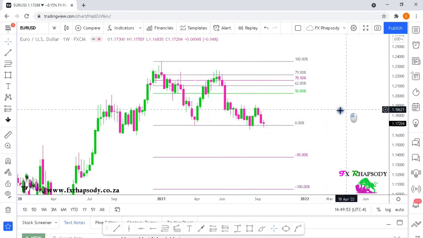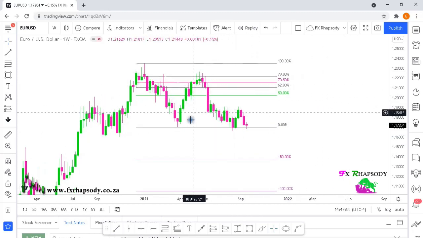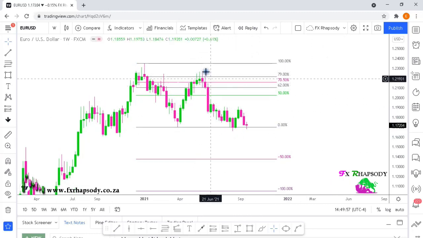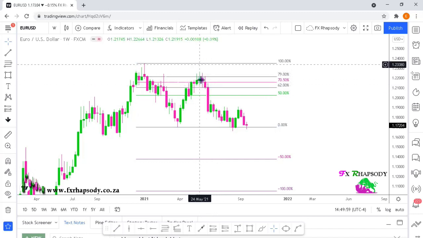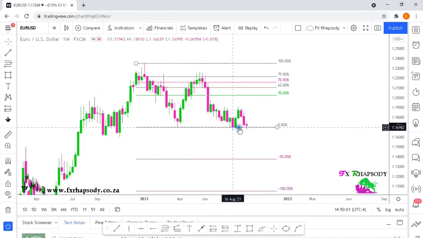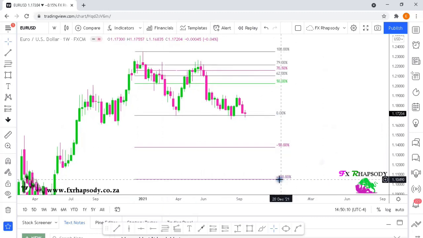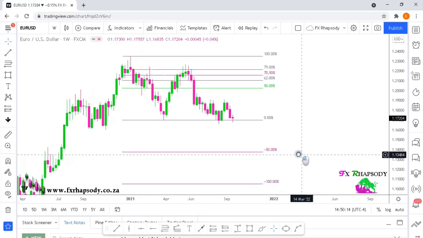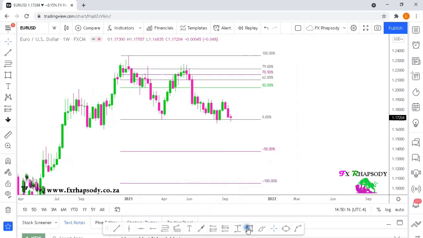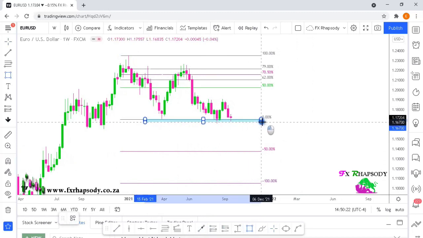Now, if you were to be in a sell over here on a long term, on a weekly time frame, you will be looking at your targets being hit on the 0%, which will be your first target, your second target on your minus 50%, and your third target on your minus 100%. So basically what we see currently is price obviously just not breaking through this area of the 0%.